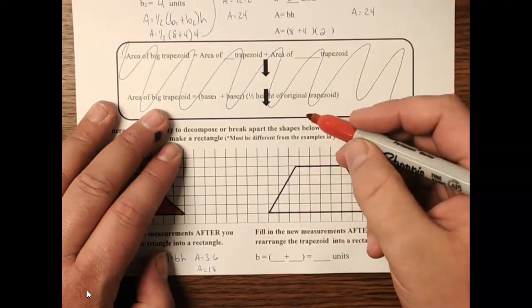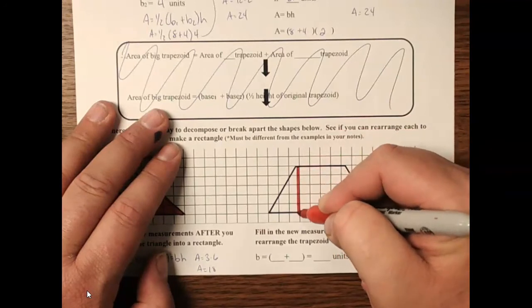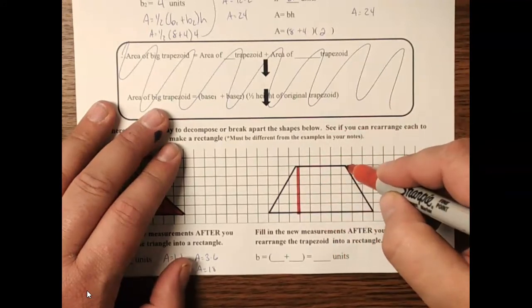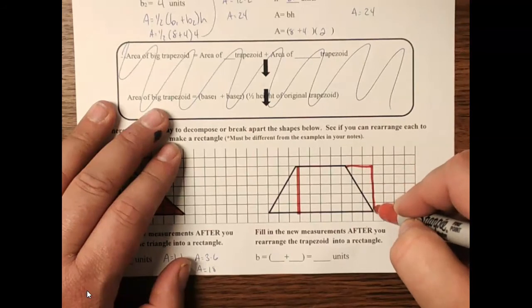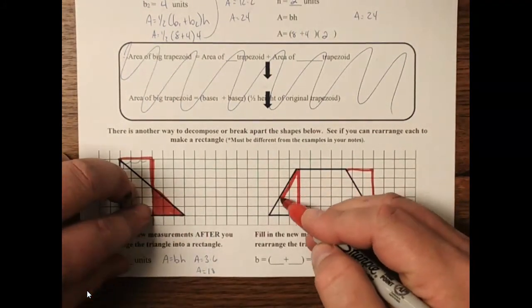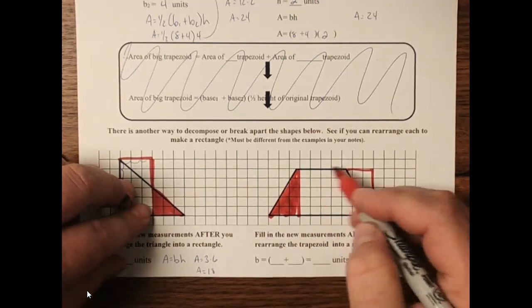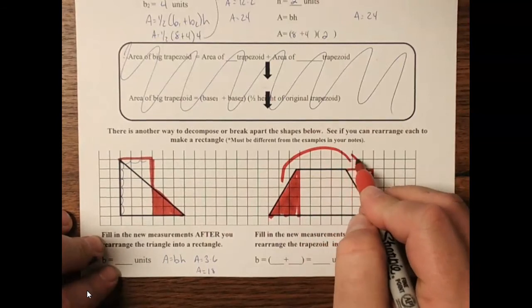It still doesn't work because of the placement. I would take this triangle and move it over here, which gives me a rectangle. I would cut that triangle off and flip it over here.